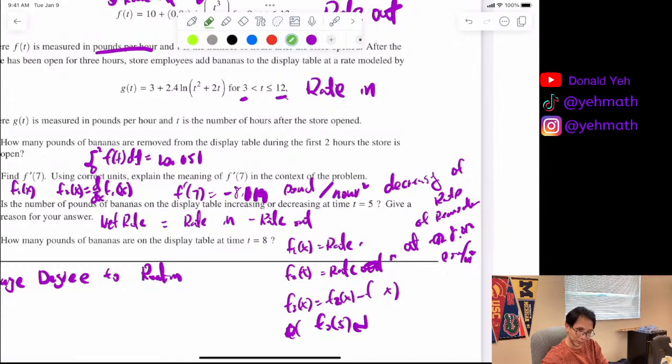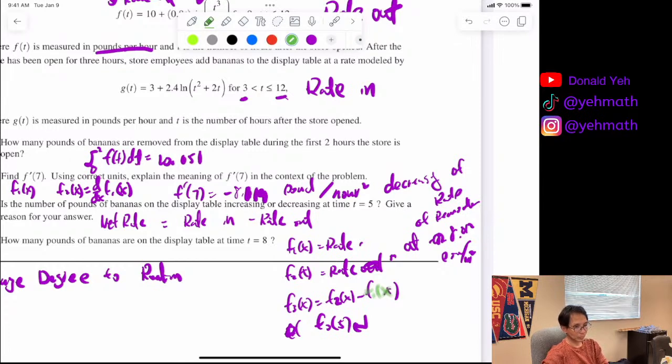Say you have 100 bananas going in per hour, and 80 bananas going out. What's the total net? You would just subtract, F of 5 minus G of 5. You can do that too.